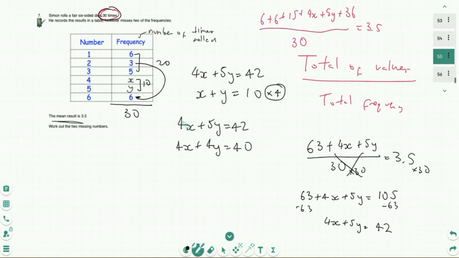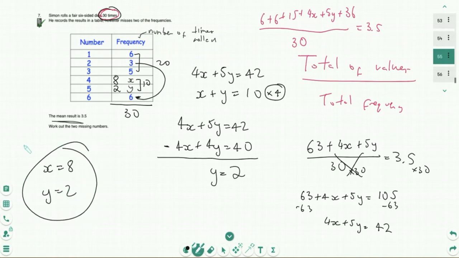Then how do I get rid of 4x and 4x? Well, I'll subtract them. 4x minus 4x is nothing. 5y minus 4y is 1y. And 42 minus 40 is 2. So I know y is 2. And if x plus y must add up to 10, x must be 8. So x is 8 and y is 2.